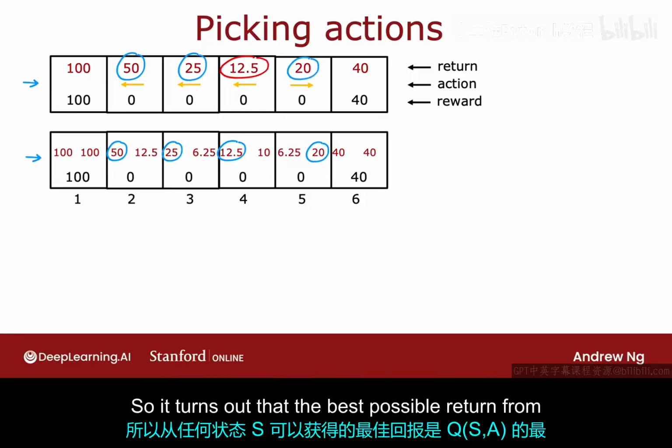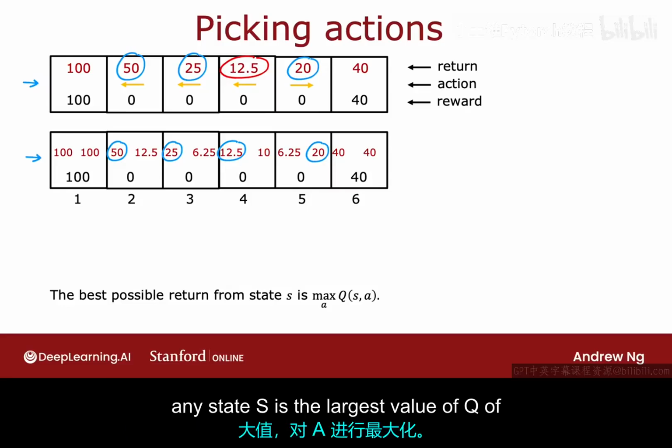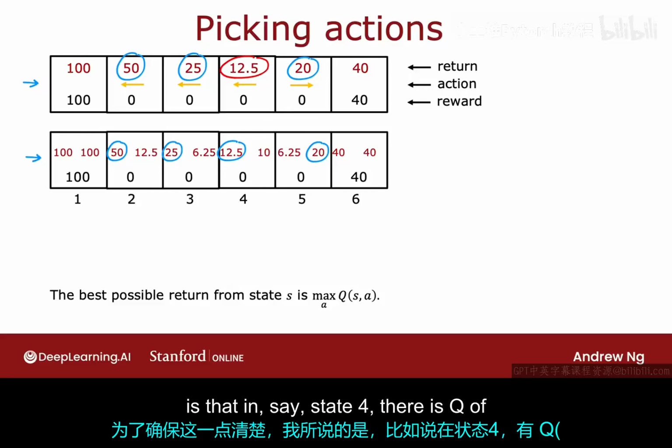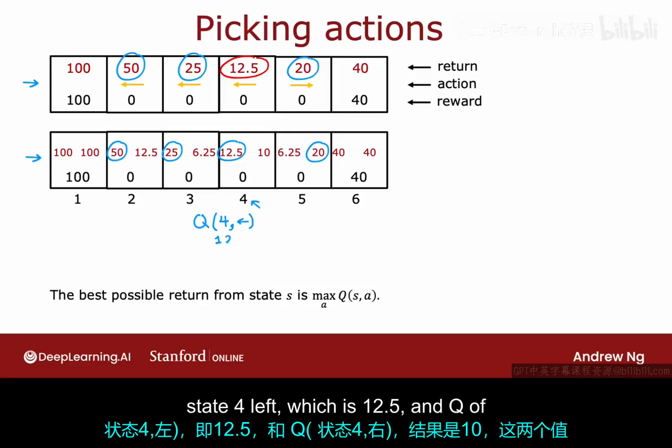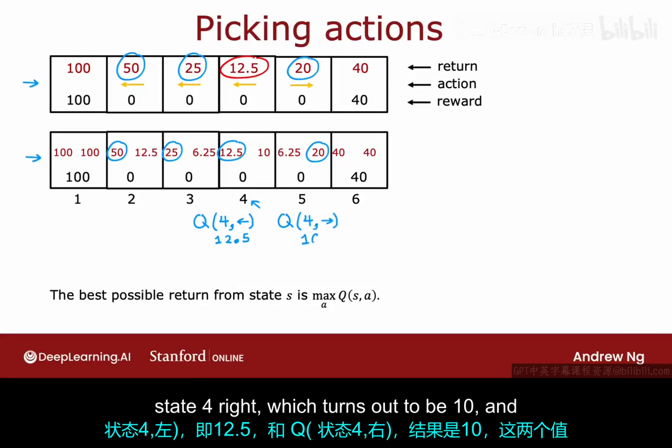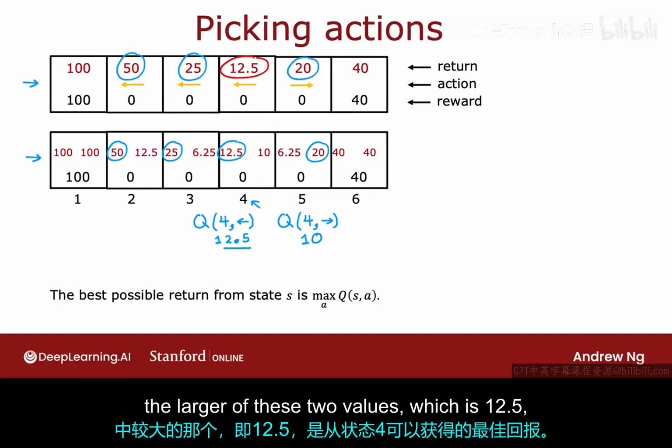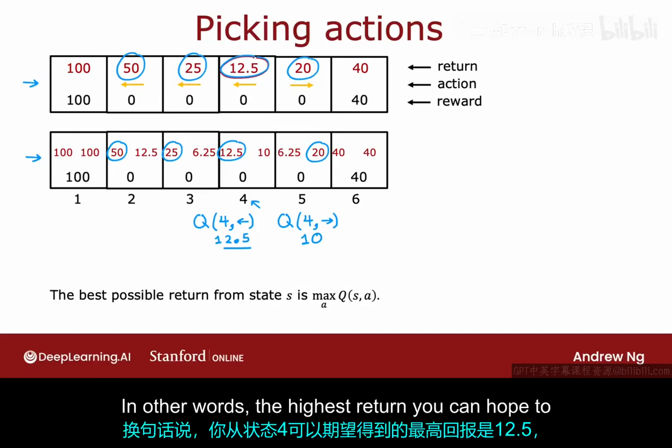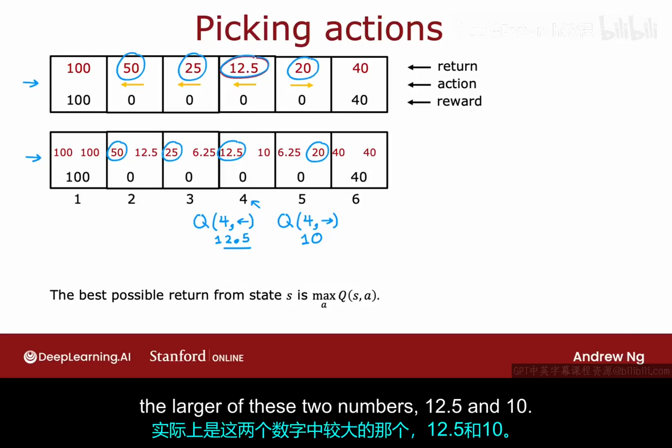So it turns out that the best possible return from any state S is the largest value of Q of S, A, maximizing over A. Just to make sure this is clear, in, say, state 4, there is Q of state 4, left, which is 12.5, and Q of state 4, right, which turns out to be 10, and the larger of these two values, 12.5, is the best possible return from that state 4. In other words, the highest return you can hope to get from state 4 is 12.5, the larger of these two numbers, 12.5 and 10.